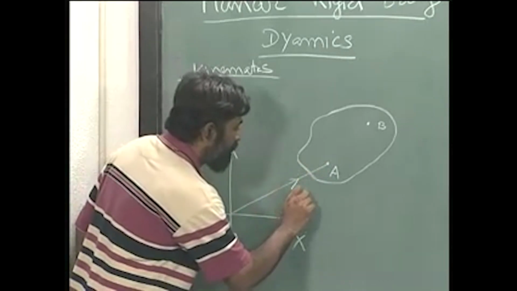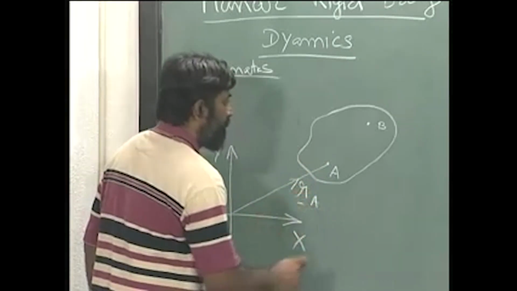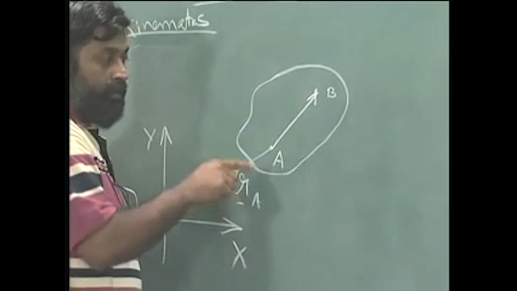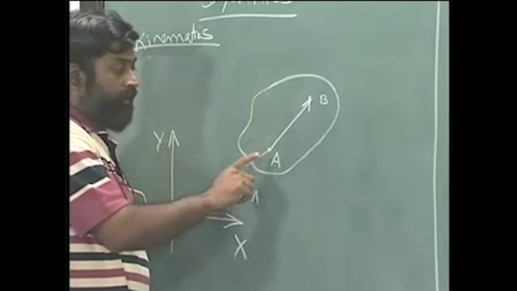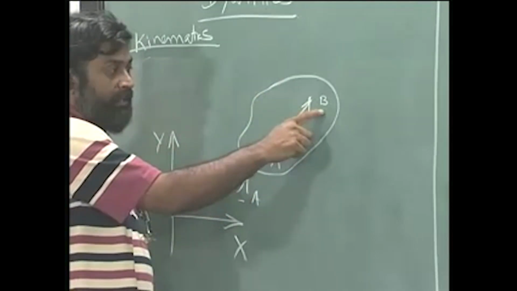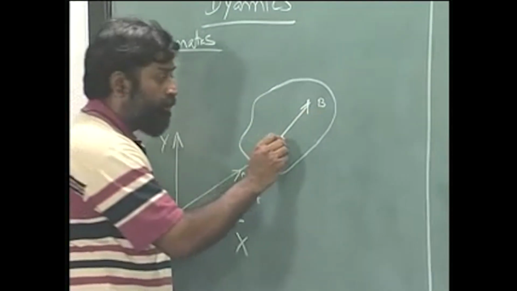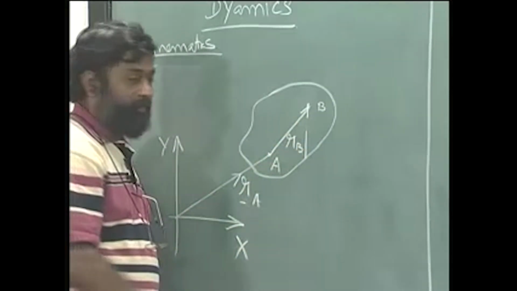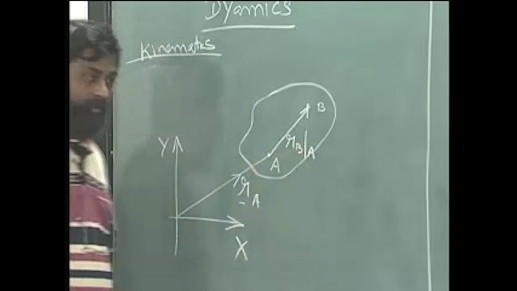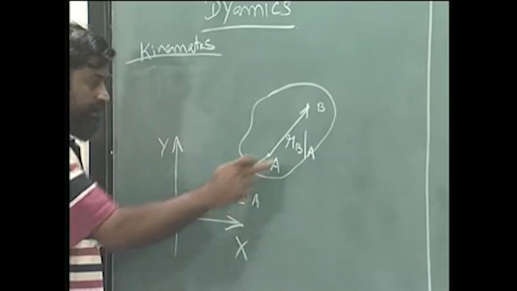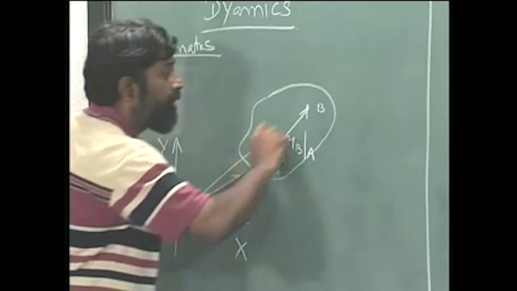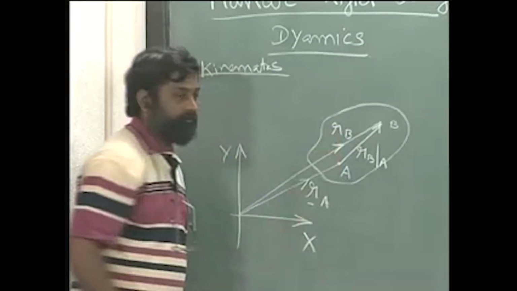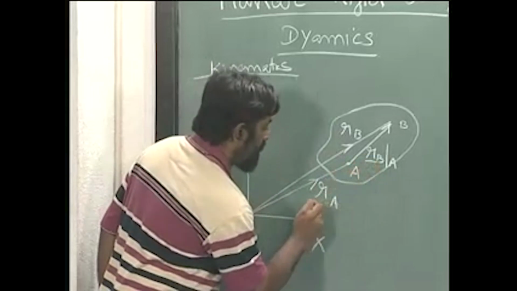This we call RA, and this, look at the direction that I have indicated, is the location of B with respect to A. So RB with respect to A is the symbol. If I add these two, what I should be getting is the location of B. All these are vectors.